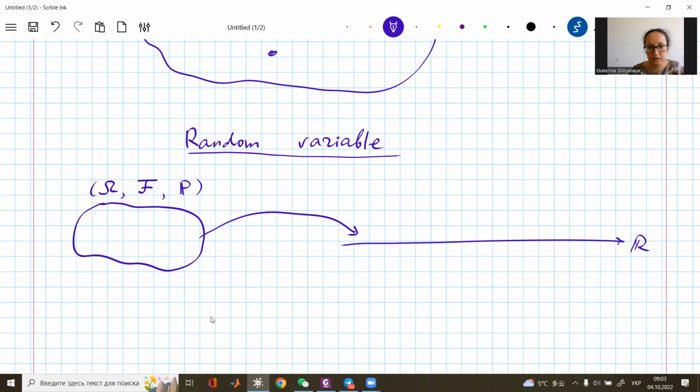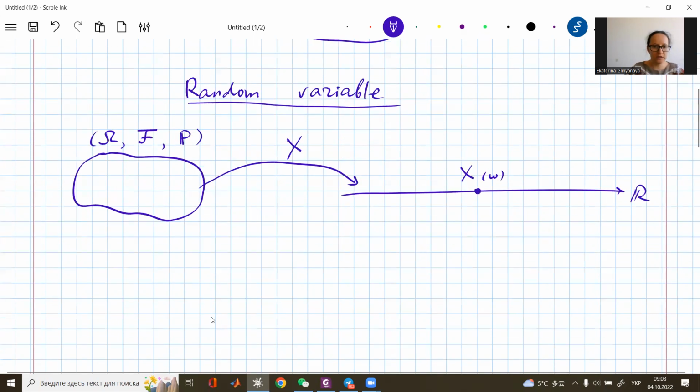Yes, and we define this random variable X of omega. So we have some value. But this mapping should not be just general, but it should be so-called measurable. So what does it mean?